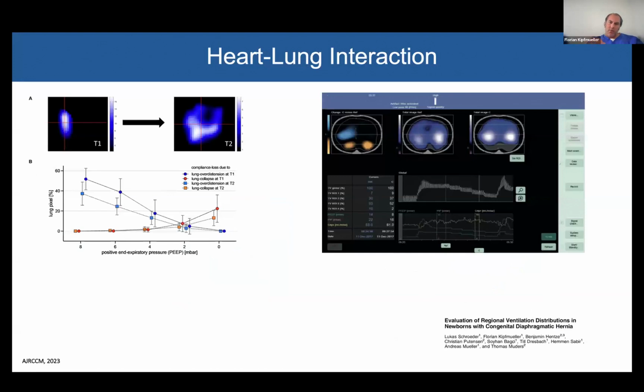And we were able to see in a study where we measured the relation of overdistension and atelectasis in a subgroup of babies with CDH that probably the PEEP that we usually use of 4 might be too high for a certain proportion of kids.